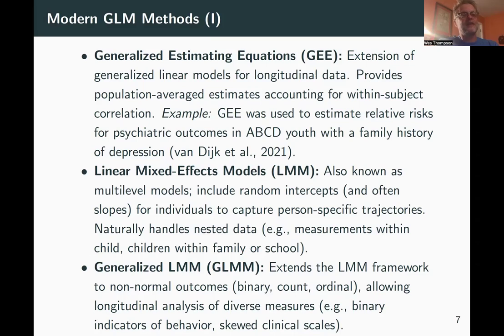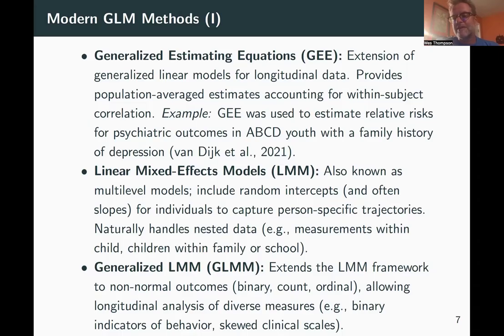The GEEs treat this as kind of a nuisance characteristic that you have to deal with to get appropriate inferences, appropriate standard errors on your coefficient estimates. But it is a very useful technique, and it's very computationally fast and converges in cases that other, more complex, more likelihood-based methods sometimes don't. And so GEEs can actually be very useful. They have been applied to the ABCD data in some published instances.